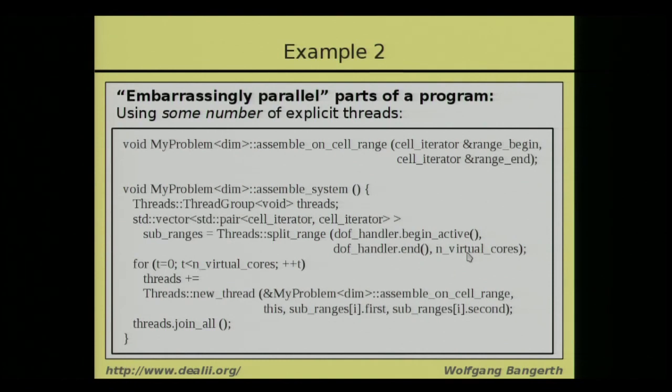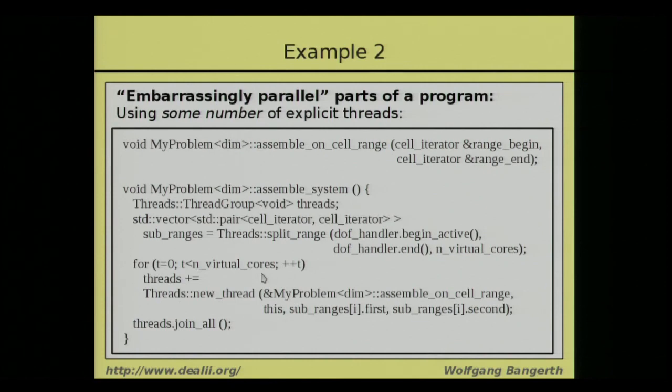And what I'm going to do, let's say if I have 100,000 cells, I'm going to split this range from cell 0 to 99,999 into 8 almost equal ranges. That is what this does, and it puts it into this variable subranges that is a vector of pairs. And then I'm going to have a loop not over all the cells anymore, but over all of the virtual cores.